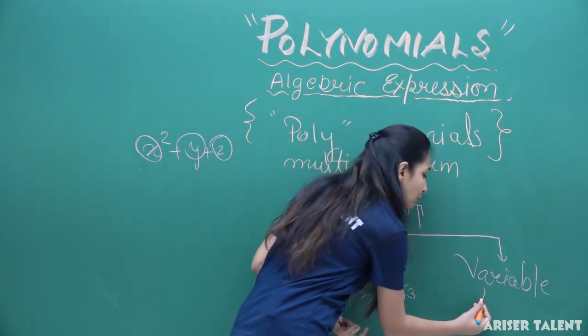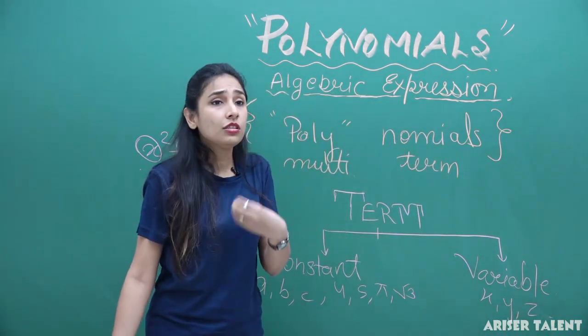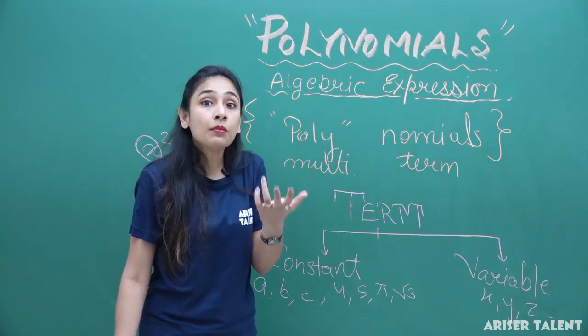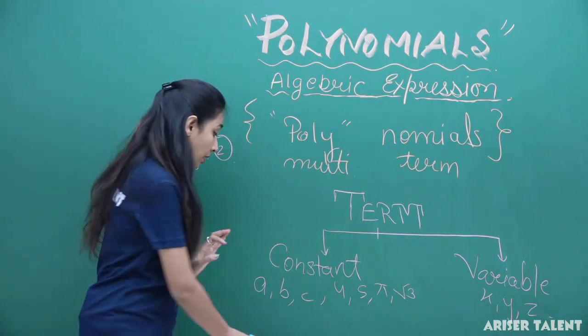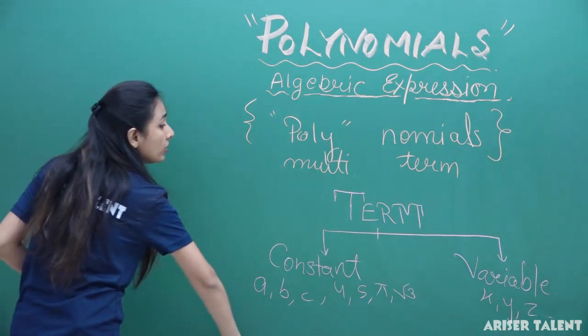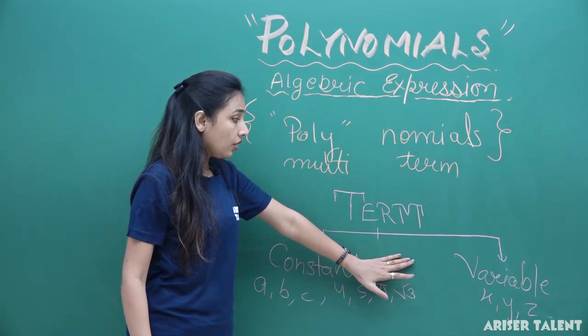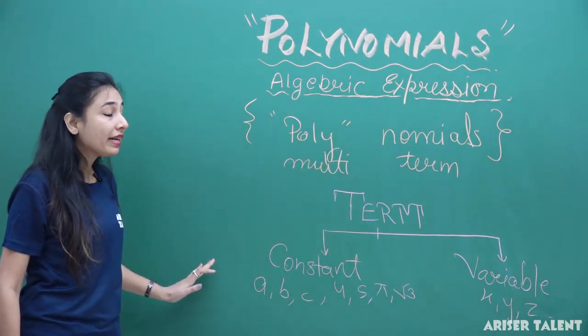So these are like x, y, z; sometimes we use P or T or S or U, and sometimes we also use A as a variable. So this is the basic idea of constant and variable. Got it till here? Okay, all covered up, all packed up.